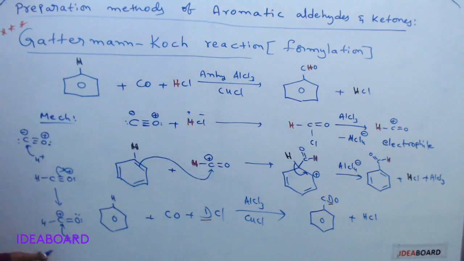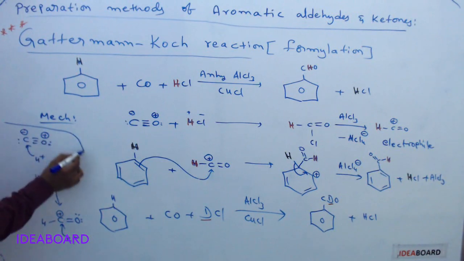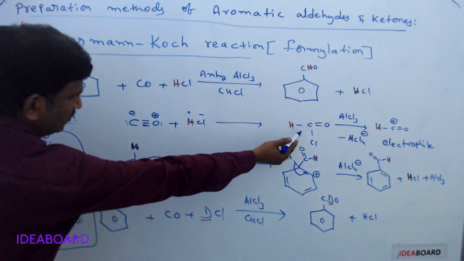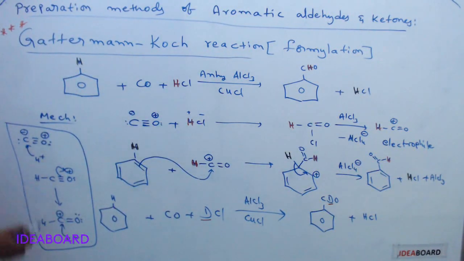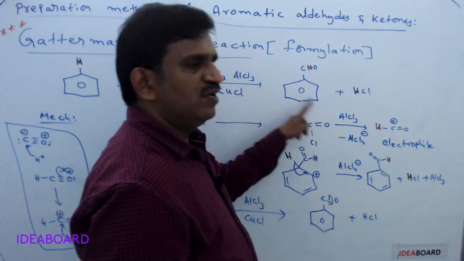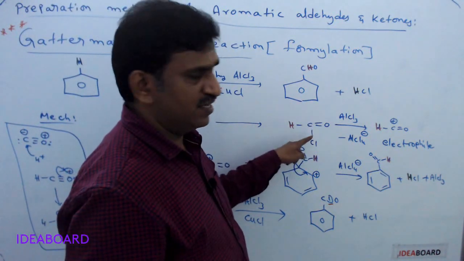Please remember why we are getting this: first H plus attacks on carbon, next Cl minus attacks, meaning this pair of electrons shifts onto oxygen and carbon gets a positive charge. So the Cl and H both attack on the same carbon, forming formyl chloride. This is called formyl chloride.